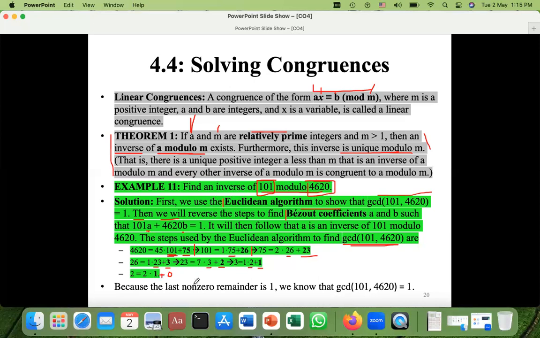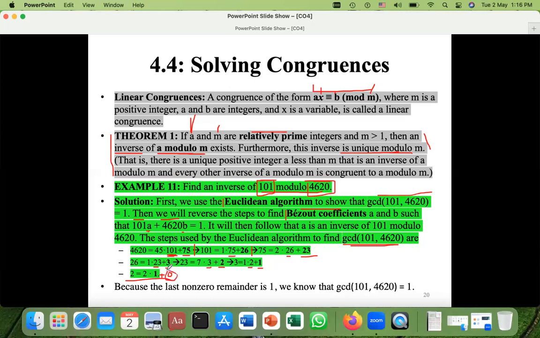And here, what is the last non-zero remainder you got here? In this last step, when y is 0, your Euclidean algorithm will be stopped.